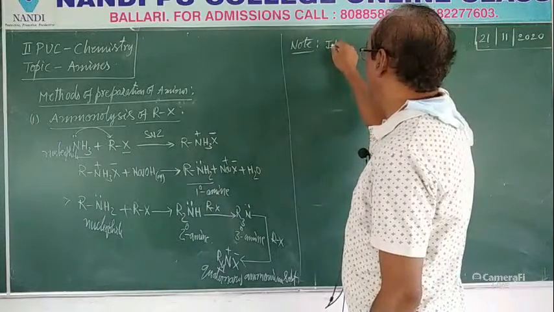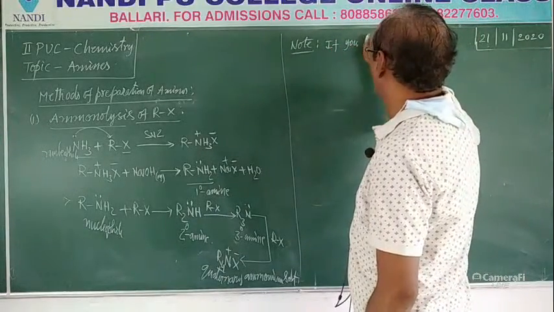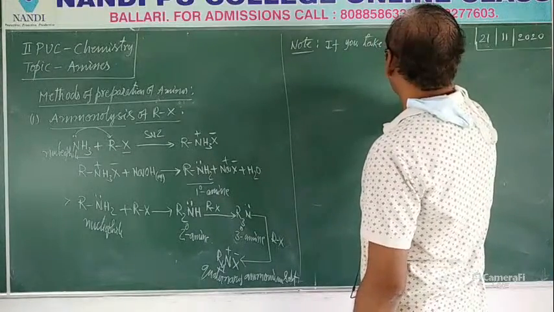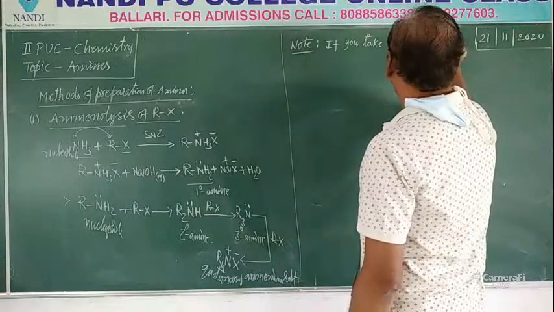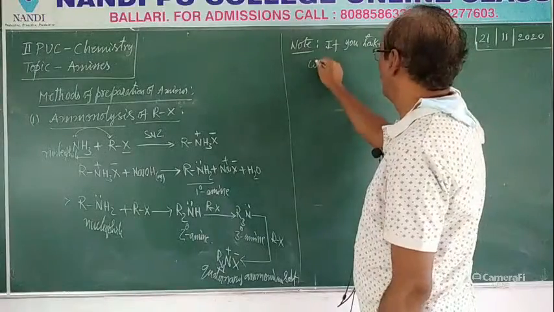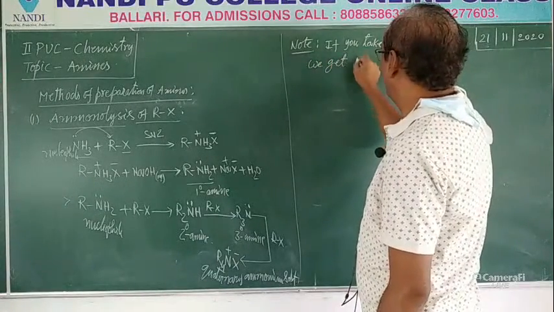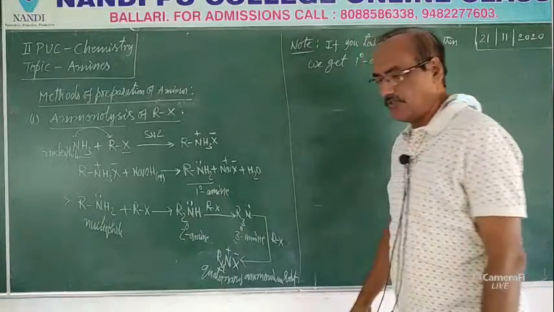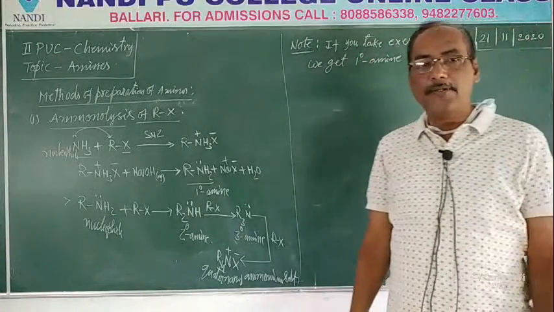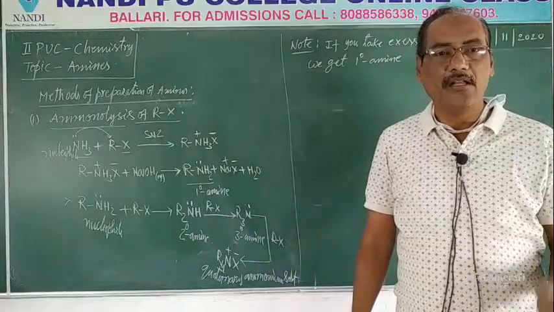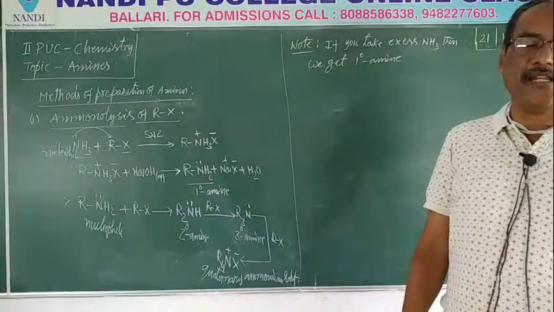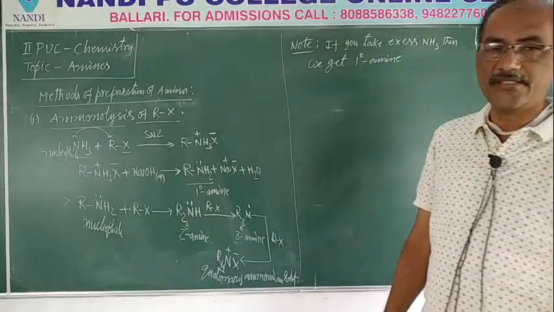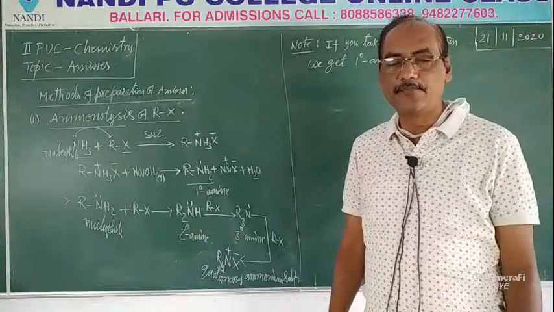That is, if you take excess ammonia, then we get a primary amine. So when you are taking excess ammonia treated with alkyl halide, the reaction is stopped at somewhat the primary stage.